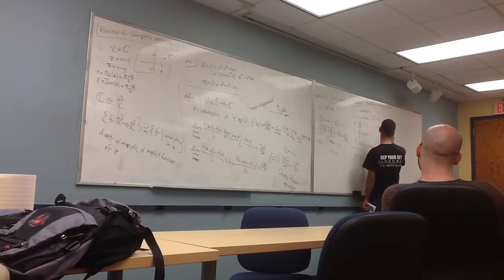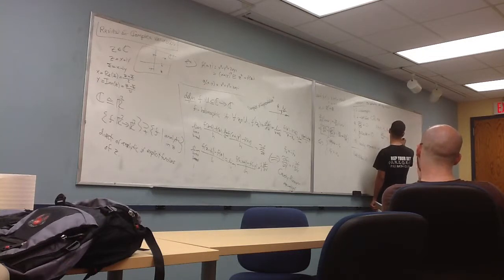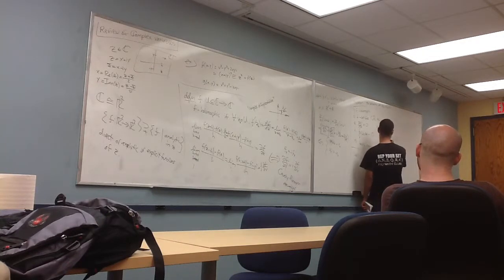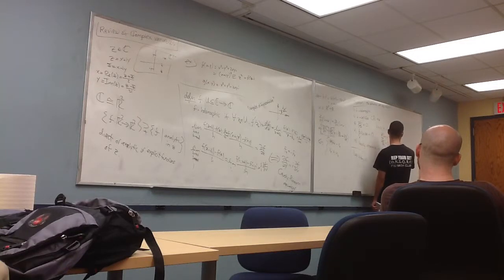With respect to z, it's 1/2 of the partial with respect to x minus i times the partial with respect to y. And the partial of f with respect to z bar is 1/2 of partial f partial x plus i partial f partial y.